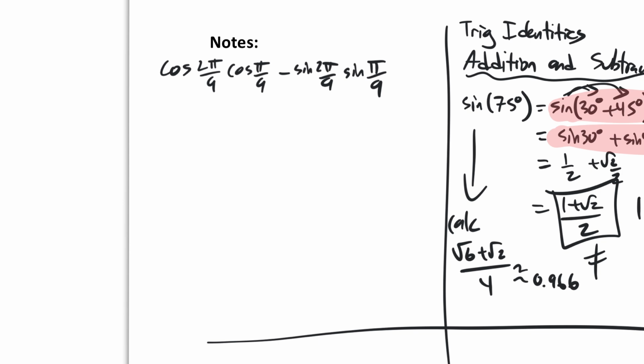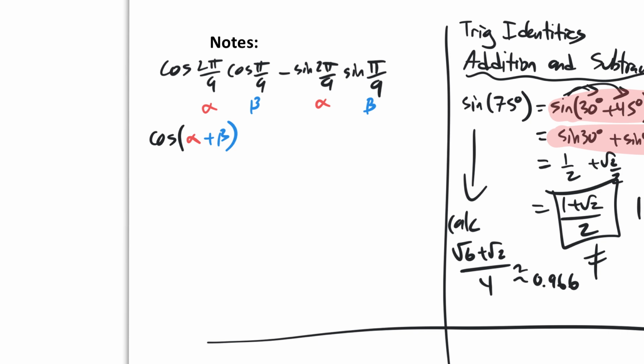All right, so hopefully you gave that a try. This looks like alpha, beta, alpha, and beta. And because we have cos, cos, and then sine, sine, this looks like cos of alpha. That negative sign makes it a plus, so cos of alpha plus beta.